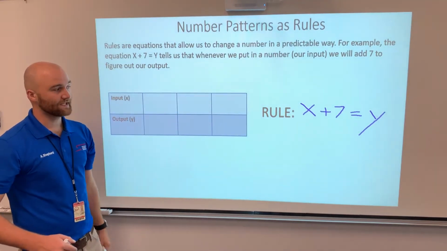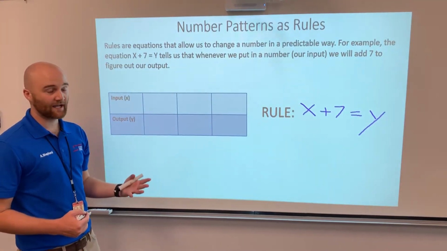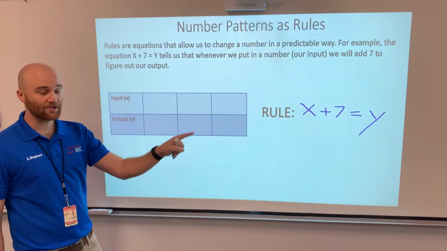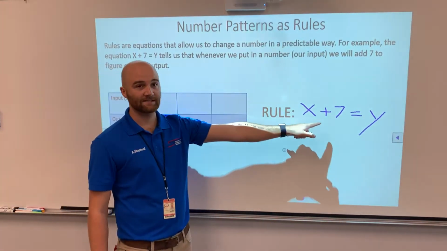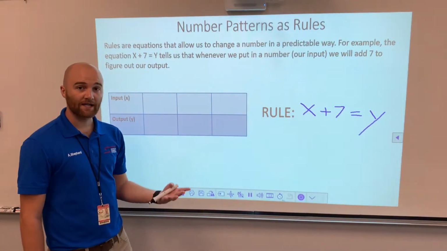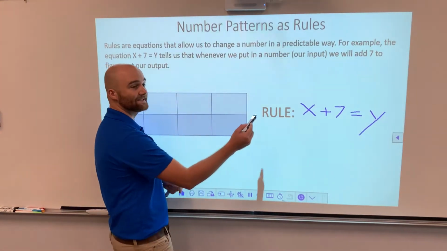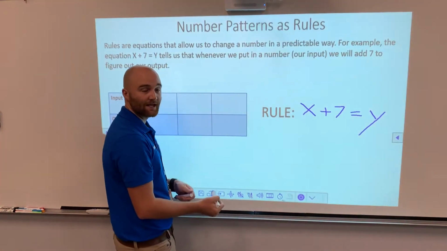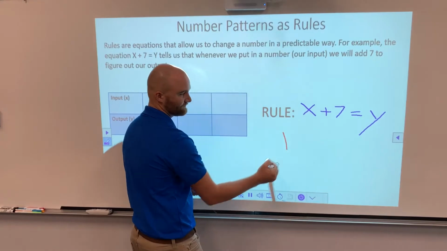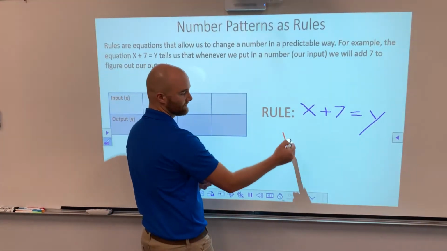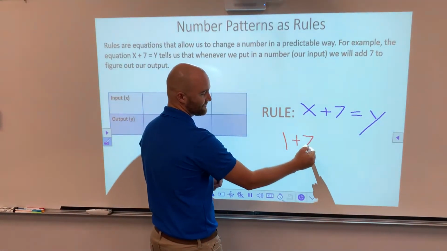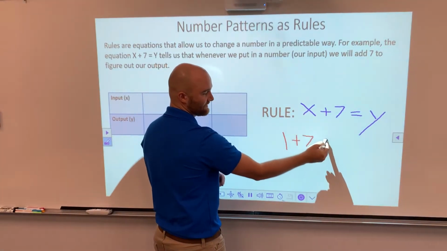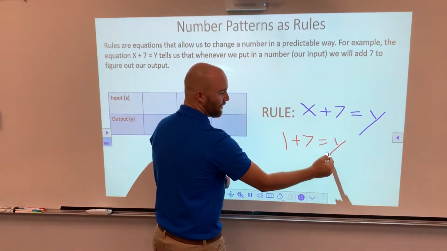What this rule says is that no matter what I choose for x, I can figure out what the y should be by always adding 7. So I'm just going to try some different numbers. What if I decide to pretend that x is 1? Well, if x is 1, then I would add 7 to it because it says x plus 7 to figure out what y is.